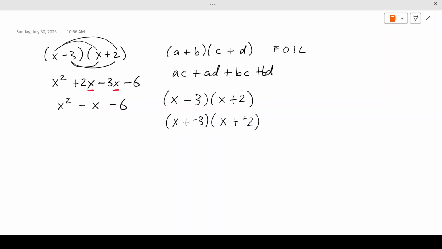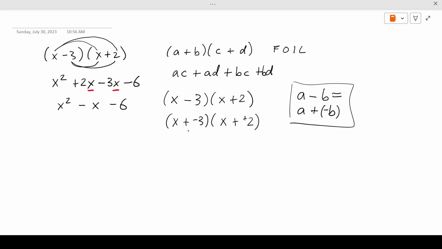And so when I'm doing my foiling, I'm looking at this minus 3 as a plus negative 3. Because we have the integer rule that if you have one thing minus another, that is exactly the same as the first plus the negative of the other, a plus negative b. If you want to prove that, you need to go back to integers. We could do that, but for now we're just going to look at this as given.